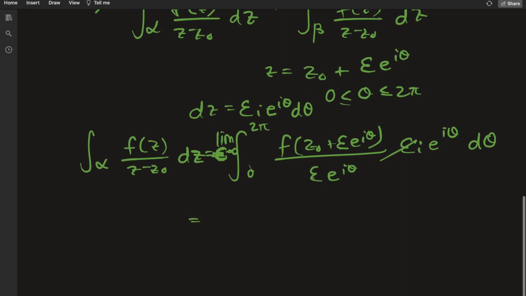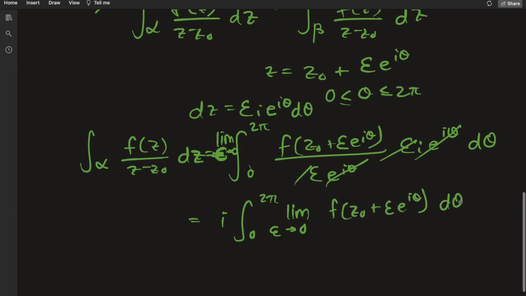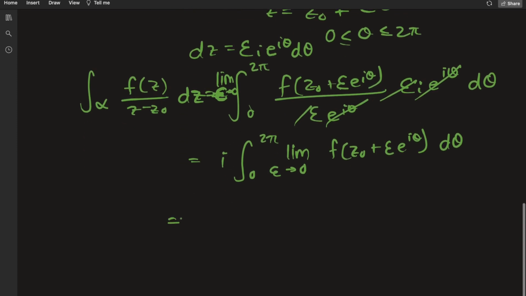So epsilon cancels out, e cancels out. We have i times, well, by using some continuity and convergence we can take the limit inside. As epsilon goes to 0, f of z naught plus epsilon e to the i theta d theta, and that is just going to be i times the integral from 0 to 2 pi of f of z naught d theta, because this can go to 0.